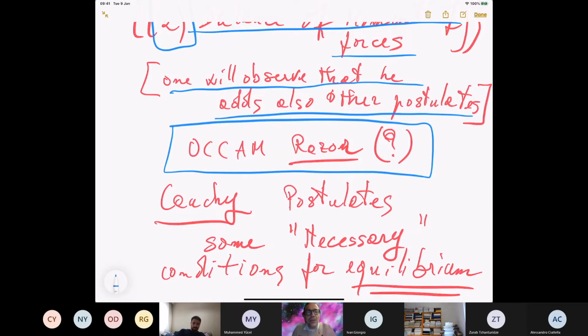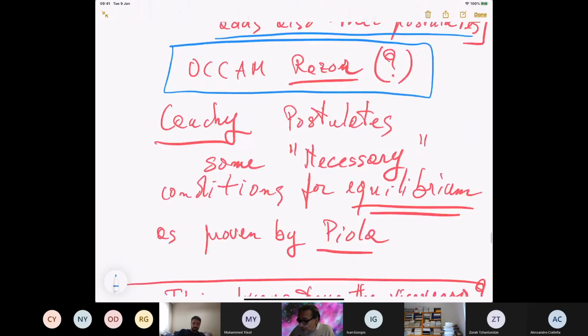When you have two equivalent postulate schemes, you must prefer the simplest one.